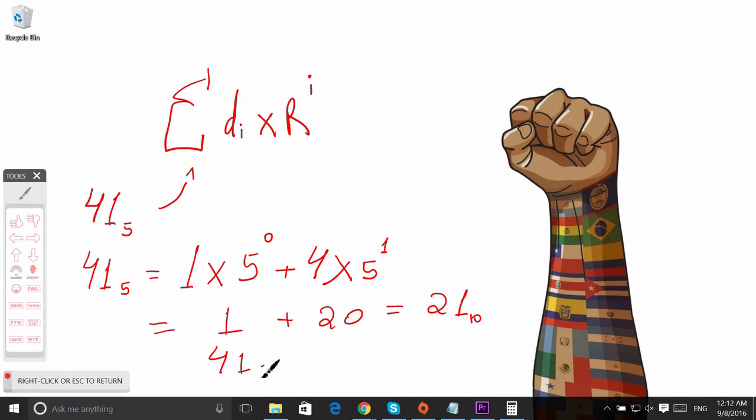This means that 41 in base 5 is equal to 21 in base 10. Now we can do this for every base. In this case, R is equal to 5.